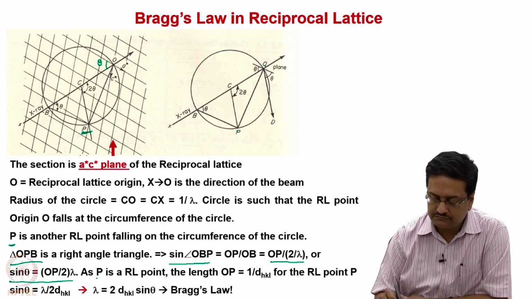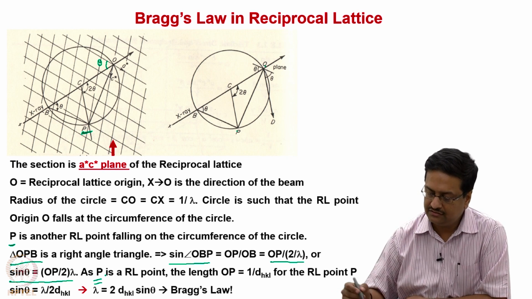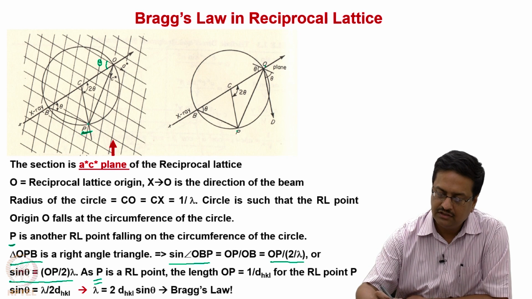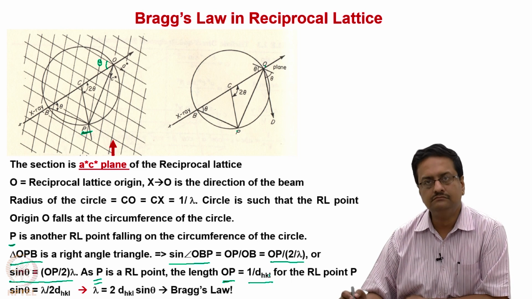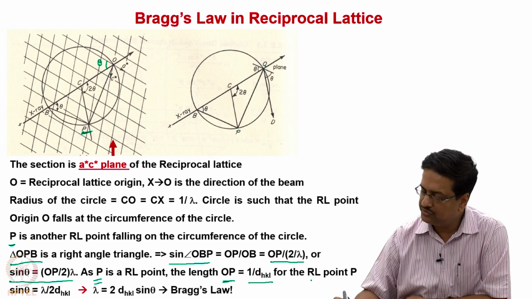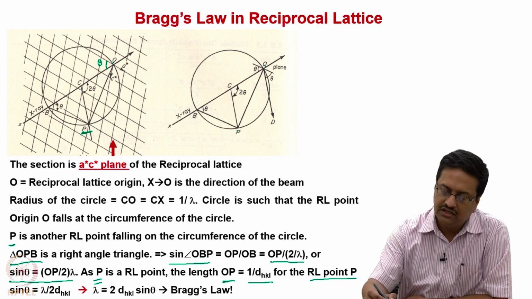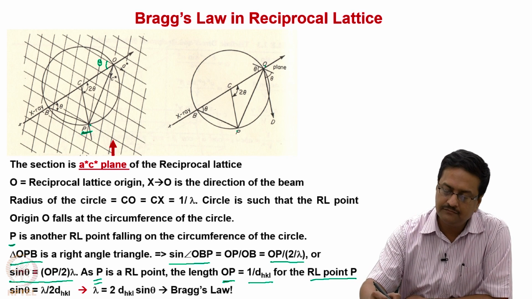Now, as P is another reciprocal lattice point, then the distance OP must correspond to 1 by DHKL for the reciprocal lattice point P, because this OP is perpendicular to OB.